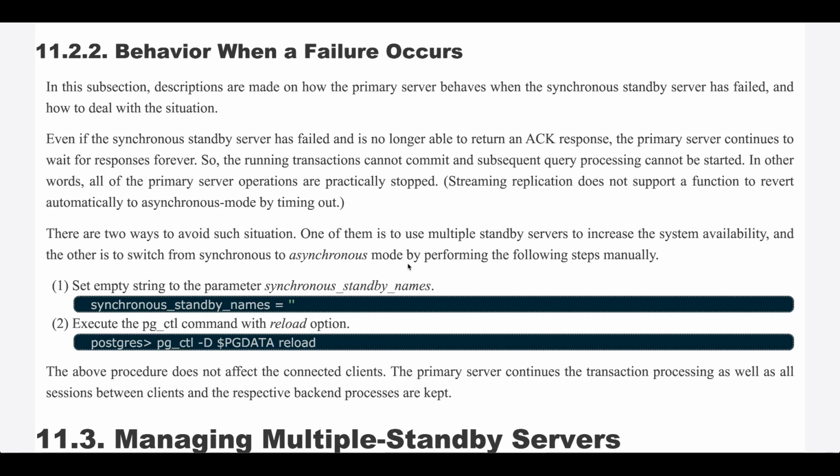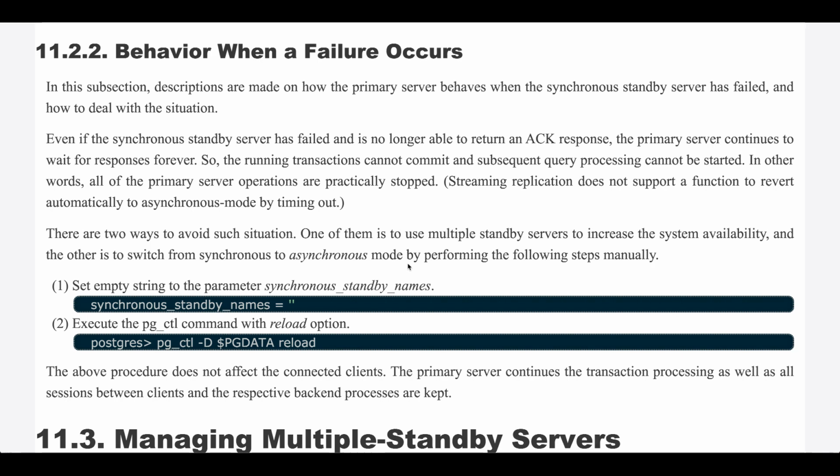There are 2 ways to avoid such a situation. One of them is to use multiple standby servers to increase the system availability, and the other is to switch from synchronous to asynchronous mode by performing the following 2 steps manually. Step 1, set an empty string to the parameter synchronous_standby_names.